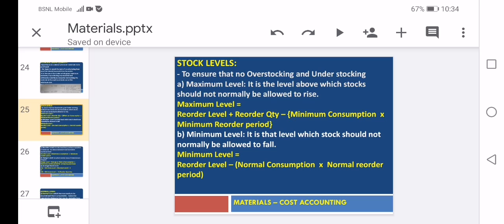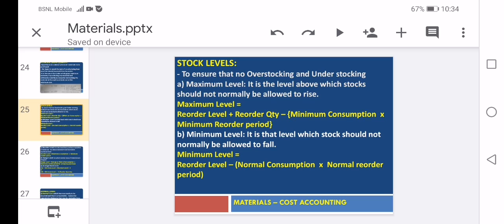Opposite to this we have minimum stock level. It is a level below which stock should not normally be allowed to fall. Means if the stock in our godown or warehouse falls below this level, then it's a danger signal. This may influence the production process negatively, holding or even stopping it.